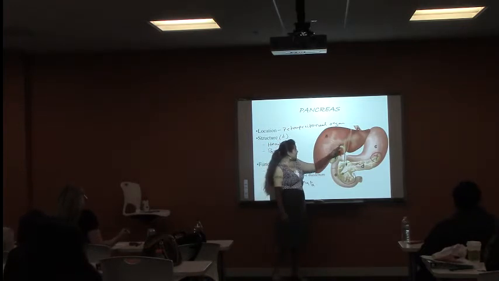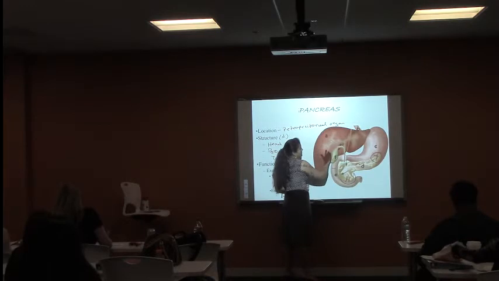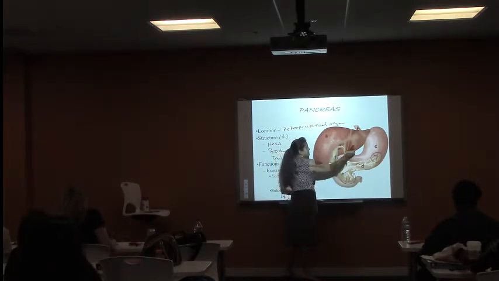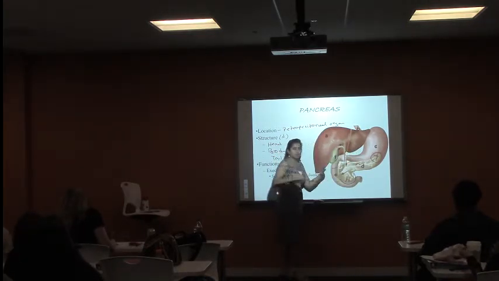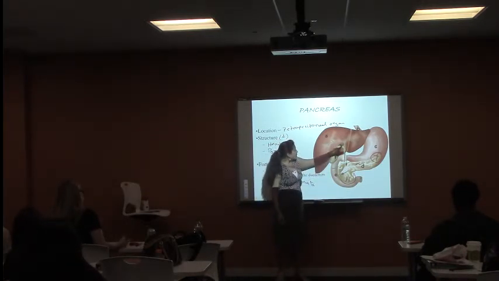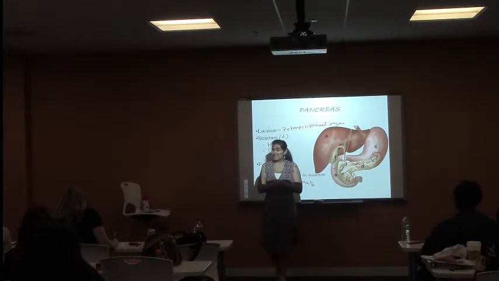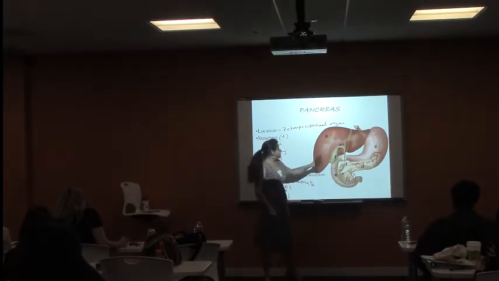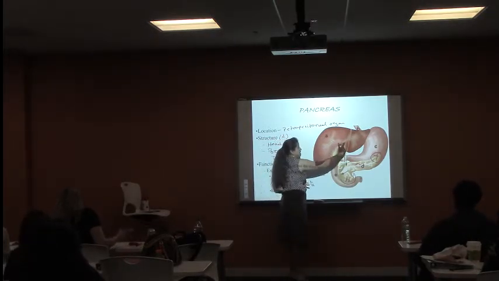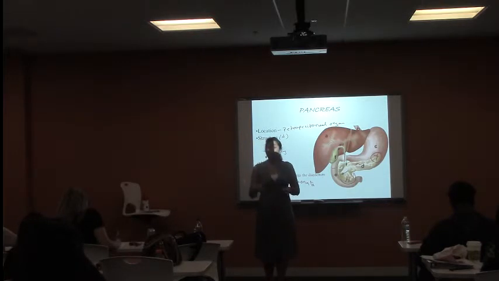Anything from the liver: the liver has right and left hepatic ducts. The left and right hepatic ducts come together, forming the common hepatic duct. The common hepatic duct and the cystic duct come together, forming the common bile duct. Does that make sense? Hepatic means liver. Hepatocyte means a liver cell.